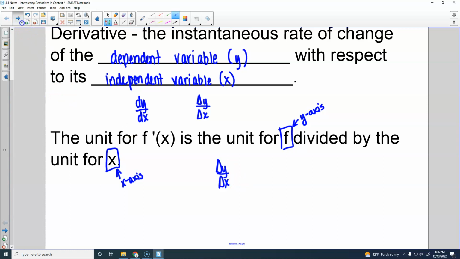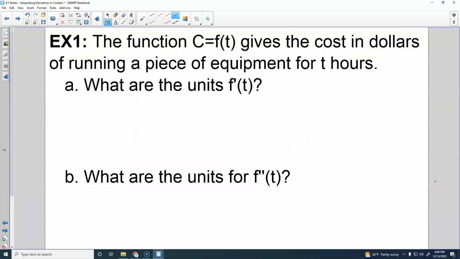So let's look at this in context of a problem. They tell us for this problem the function c equals f of t gives the cost in dollars of running a piece of equipment for t hours. So in this particular case, this t right here, that's going to go on our x-axis.